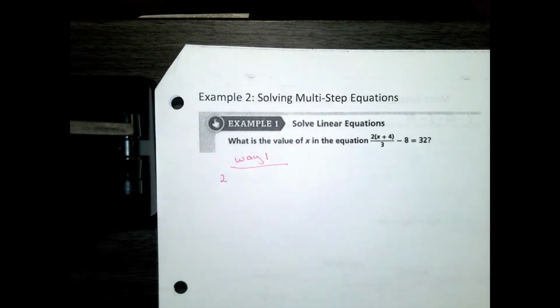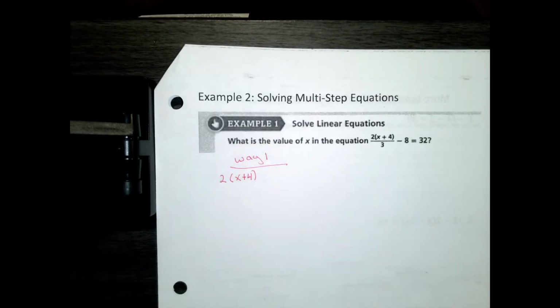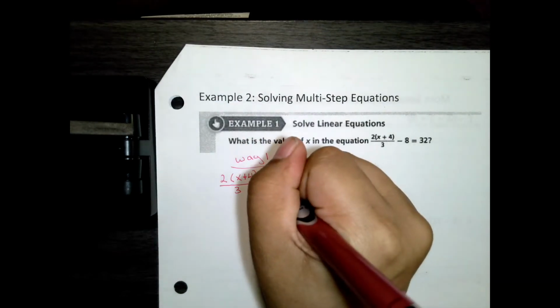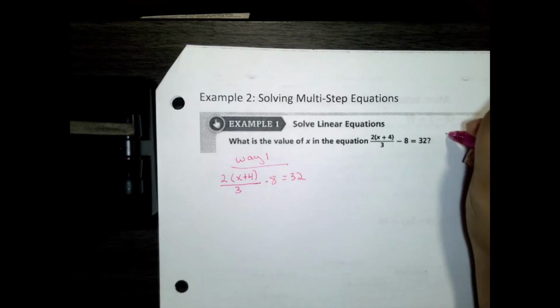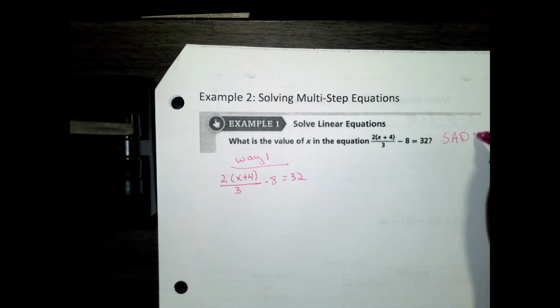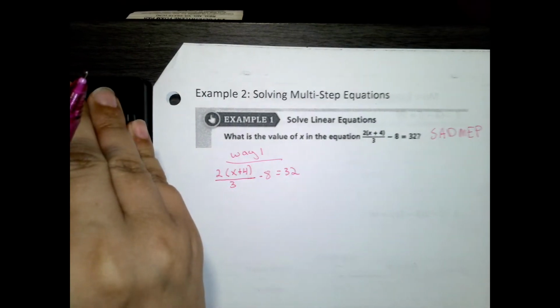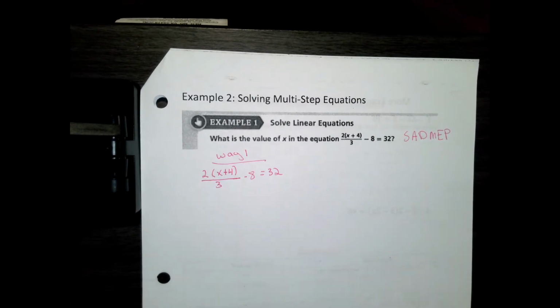So first things first, the first step to solving any equation is rewriting the problem. So remember, we're SAD-MEPing. Let me pull this up just a little. We are SAD-MEPing, so that means that we're always going to do subtraction and addition first.